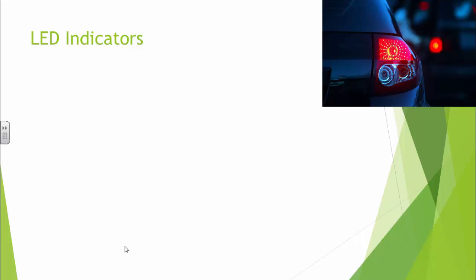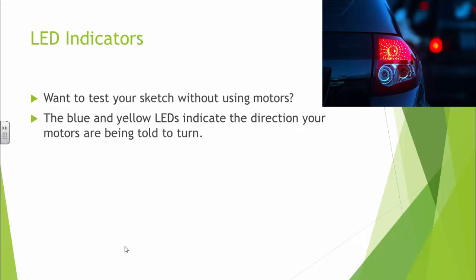Incidentally, if you want to work with the motor shield without running a pair of motors, if your motors are on back order, or you just haven't got them wired up yet but you want to test your code, there are LED indicators on the shield that indicate the directions that the motors are being told to turn, so you can verify that your code is working without wiring up your motors. This can be very handy early in your development.